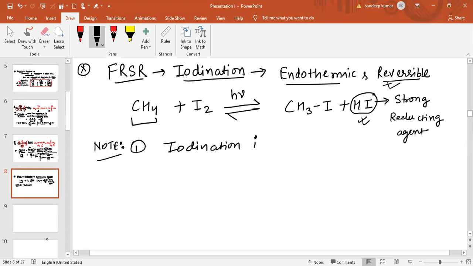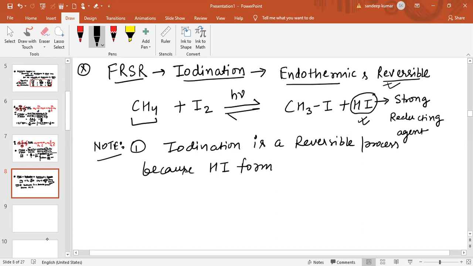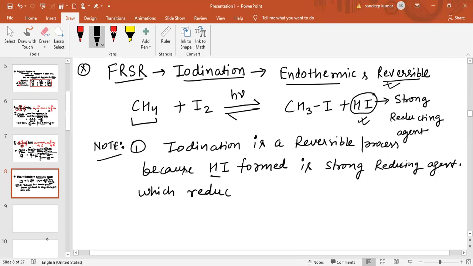Iodination is a reversible process because the HI formed in the product is a strong reducing agent.